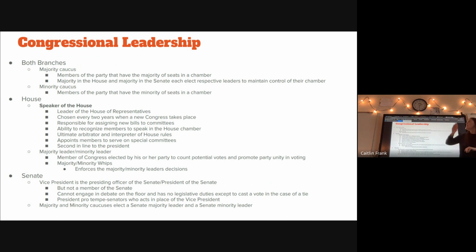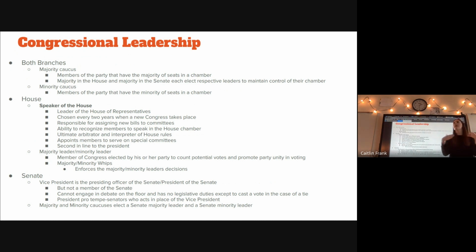Now, next below the Speaker of the House is the majority leader of the House. The majority leader of the House of Representatives' job is to keep the party, which is the Republican Party right now, so I'll use them as an example, united and voting on a united front in terms of legislation.